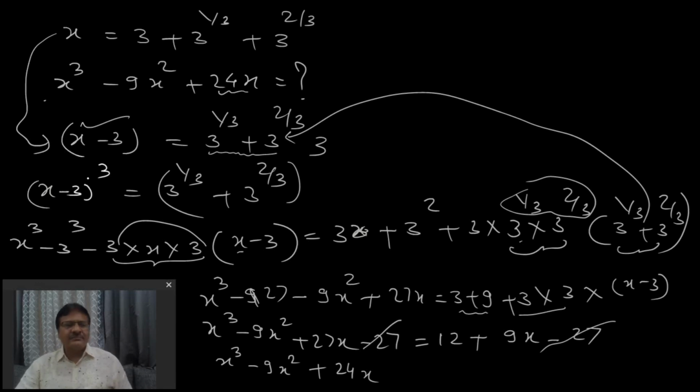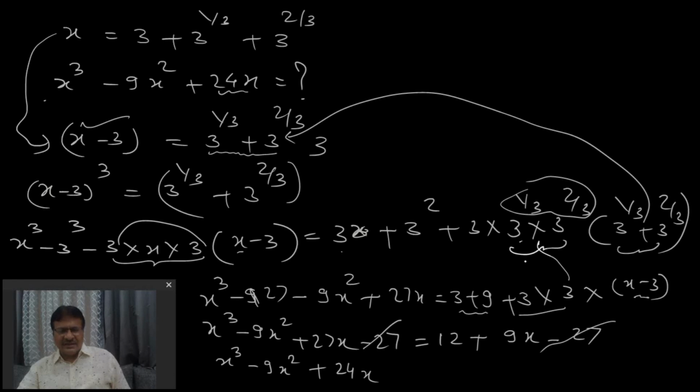a cube minus b cube minus 3ab multiplied by a minus b equal to this a cube. This is 3b cube. That is a 3 square. Yes, correct. And then 3ab, and then a plus b. So this is my x minus 3. This is true.